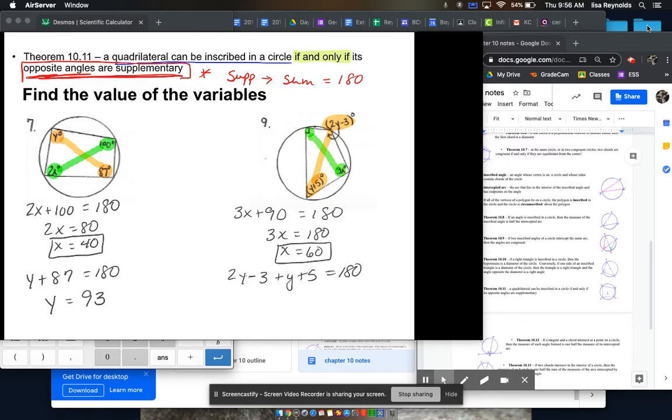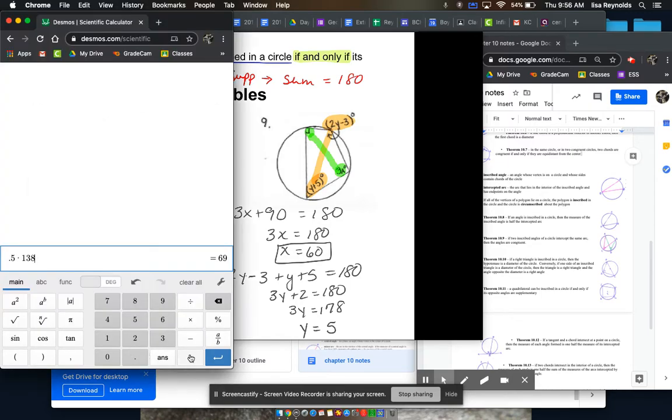And for our other one, we combine like terms, so it's 3y plus 2 equals 180. Subtract the 2, 3y is going to equal 178, and divide by 3, and we will get 178 divided by 3 is 59 and 0.3 repeating, which is 1/3.